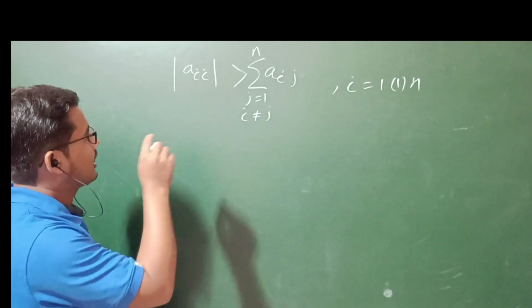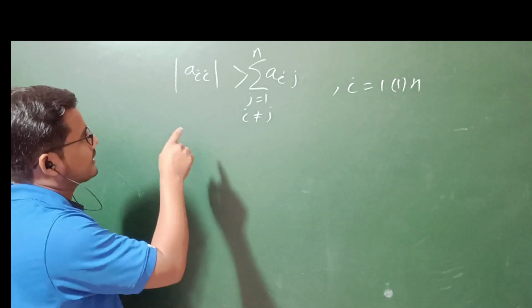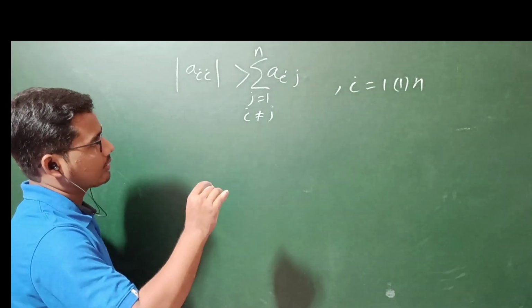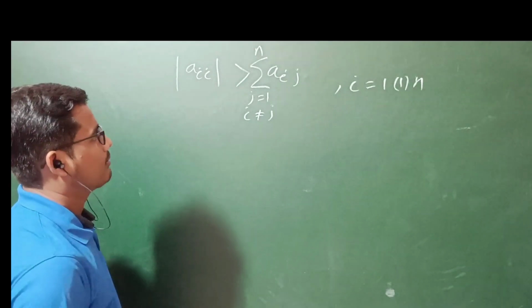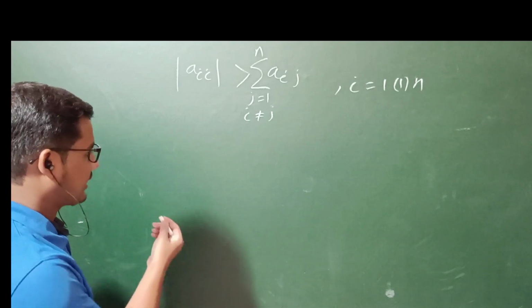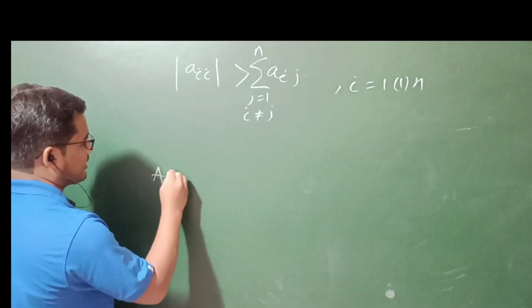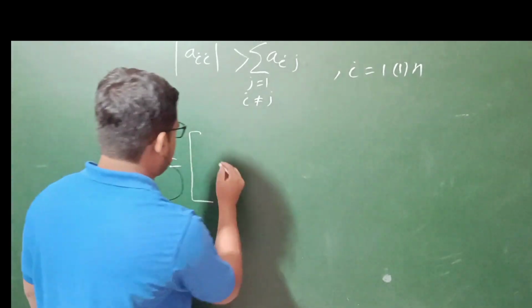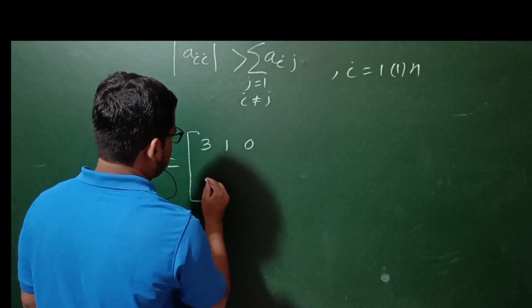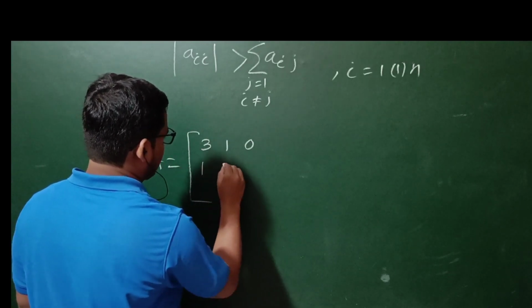If the mod of the diagonal element is greater than the summation of the other non-diagonal elements, then it is called a diagonally dominant matrix. I am taking an example. Suppose A is a 3 by 3 matrix.